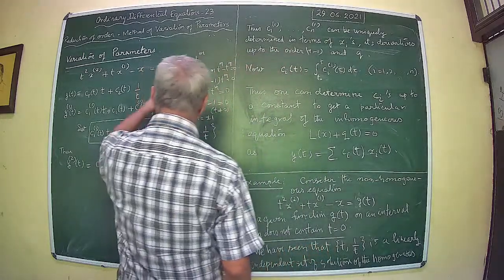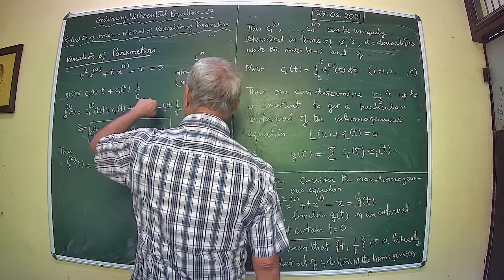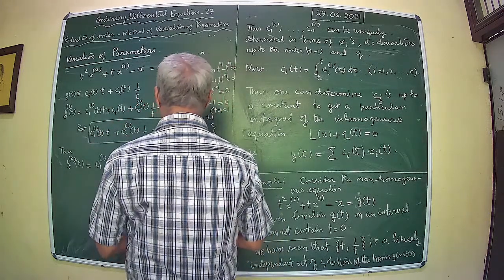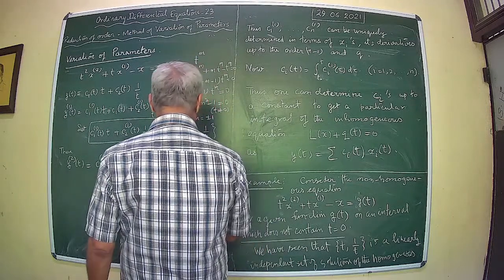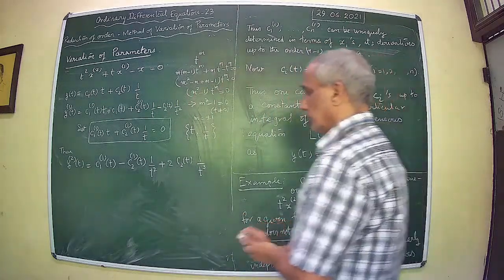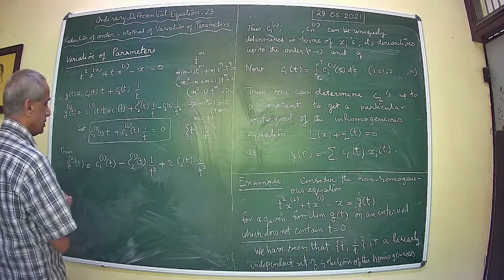Differentiate t to the power minus 2, minus 2 t to the power minus 2 minus 1. Okay, therefore, substitute it in this original equation. So, multiply by t square.